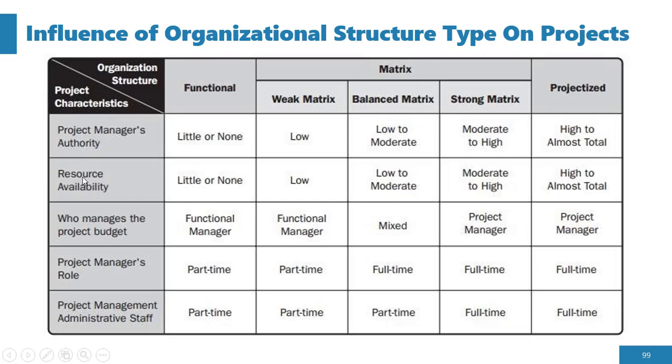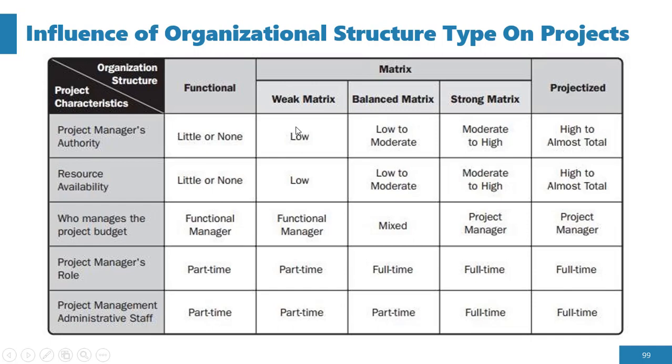So when you talk about resource availability in a functional organization, there's little or none. Okay, the project manager has very little resource availability or even none, so he always has to source for resources, he always has to apply and all that. So he has almost little or no control over resource availability in a functional structure type.